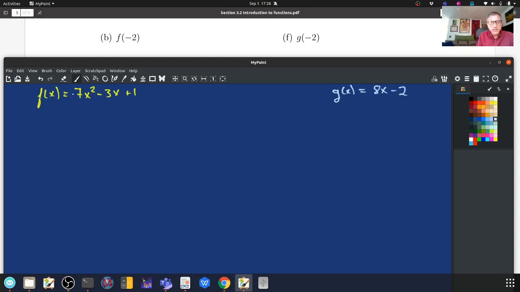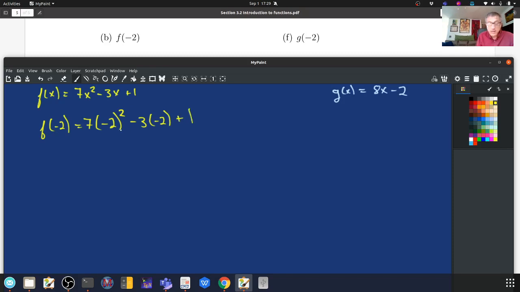So let's do B. Let's find f of minus 2. Well, again, I just plug in minus 2 squared minus 3 times minus 2. So literally I replace the symbol x by the value here, minus 2.